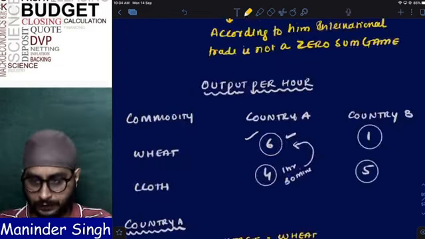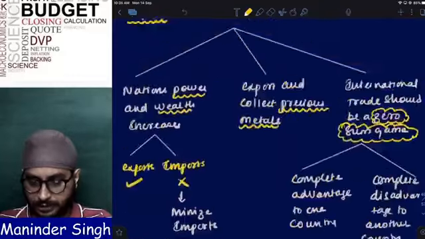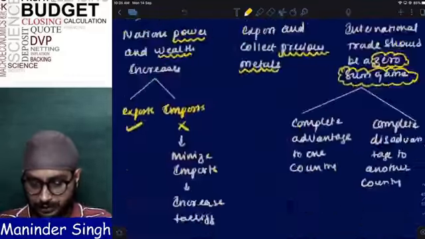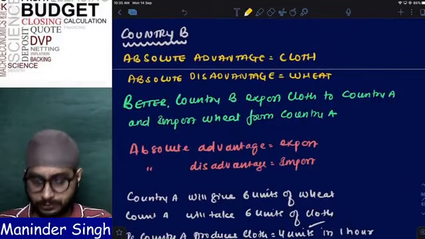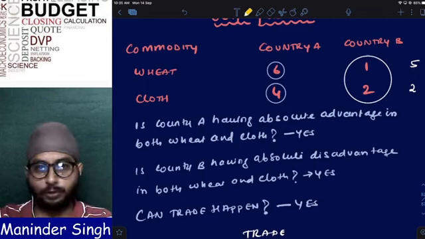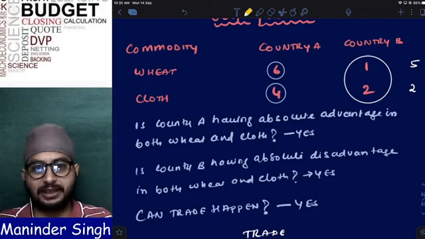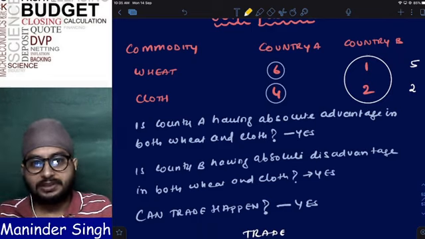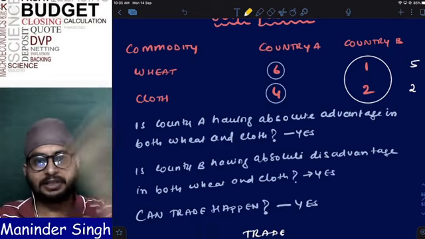So in comparative theory, you take the same table, you can apply for mercantilist also. In both the cases, A is at a disadvantage. In both the cases, B is at a disadvantage. Same concept we have studied in mercantilist also, right?